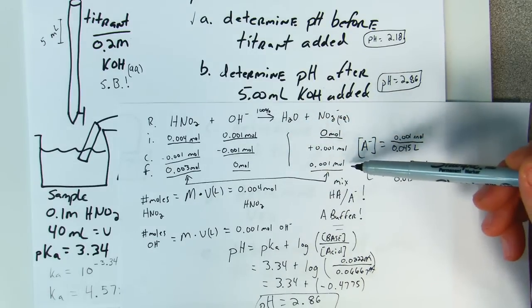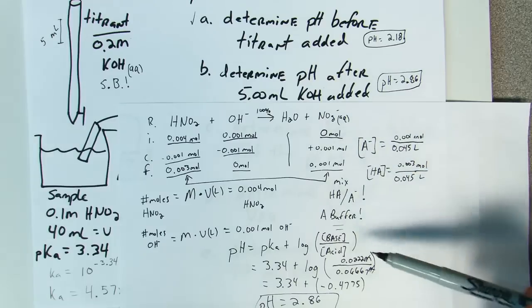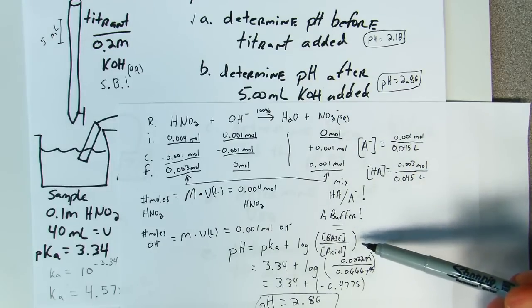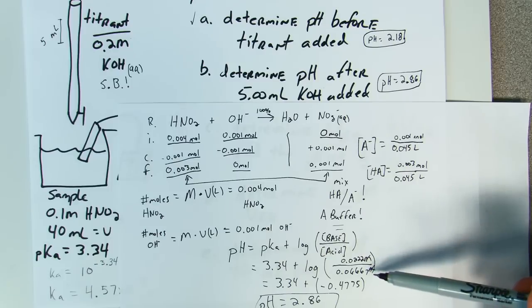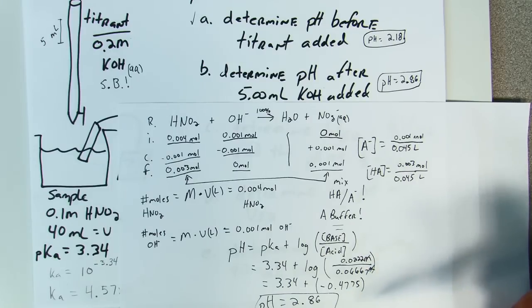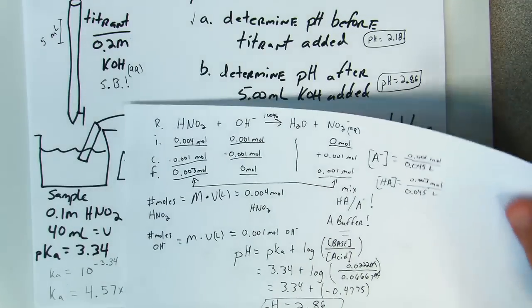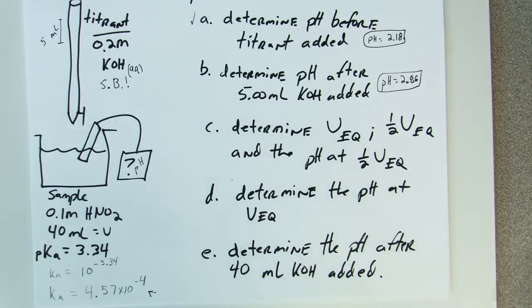We decided we had a buffer because we have a mix of a weak acid and its conjugate base. Because we have a buffer, we can use our Henderson-Hasselbalch. Can only use that equation when a buffer exists. That's important. We plugged and chugged, solved for our concentrations, figured out what the pH was. It was that simple. Alright, so that's how you handle that situation. Let's move on to the next one.